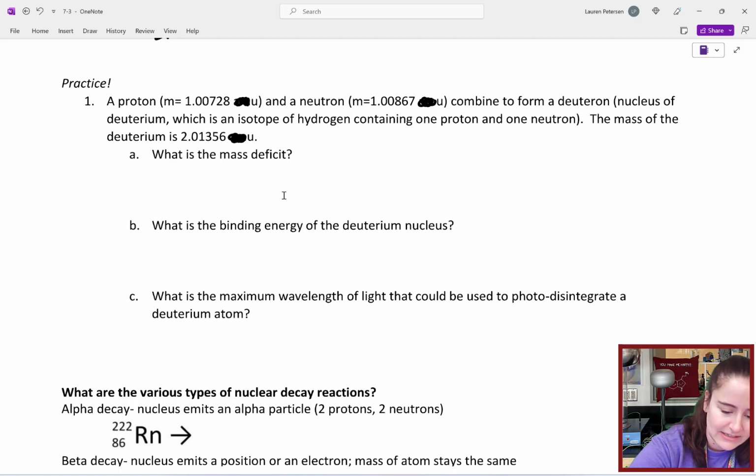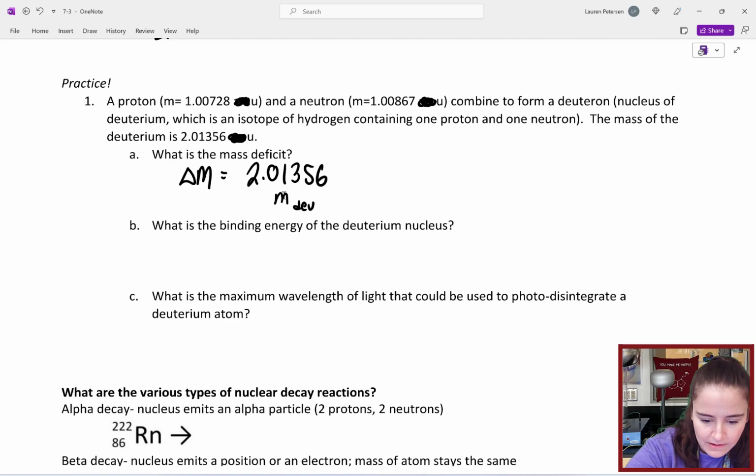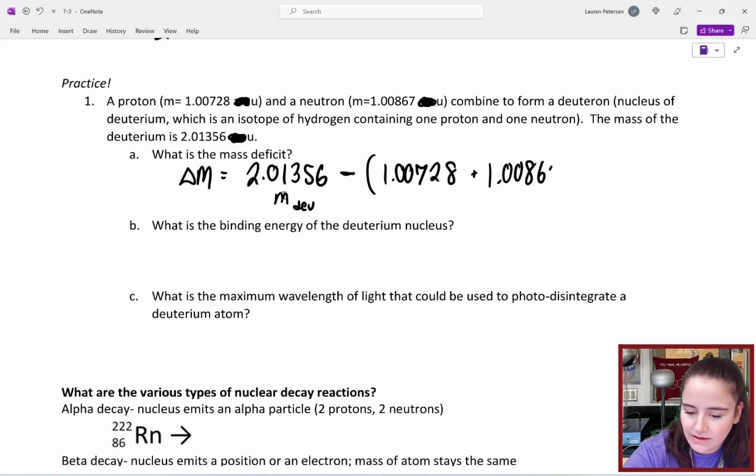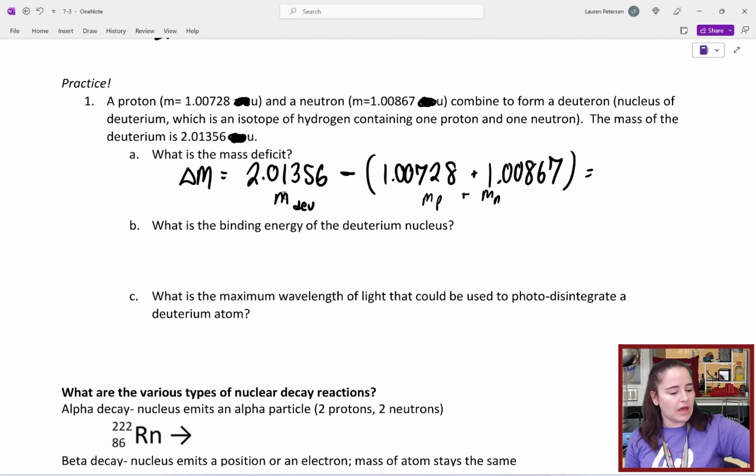So that mass deficit will be the mass of the deuterium, 2.01356, minus the mass of the proton plus the mass of the neutron, so minus the particles that combined to form it. They're giving us the units to a high level of precision.